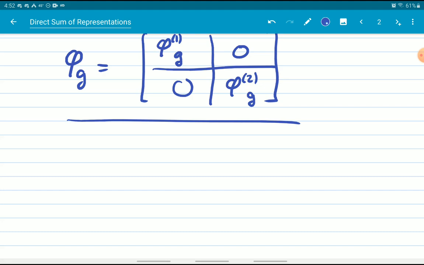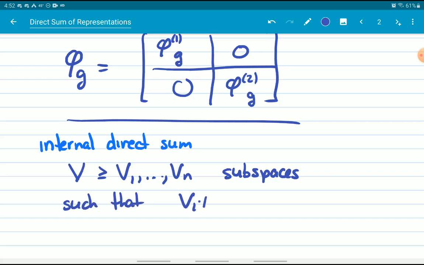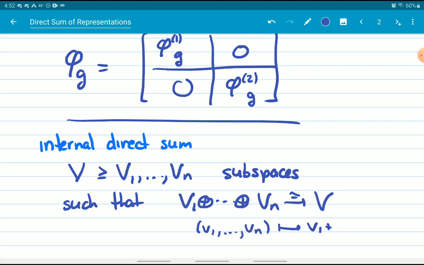There's also a notion of an internal direct sum of a vector space V, which has some subspaces, let's call them V1 up to Vn. And it's an internal direct sum if the obvious function from the external direct sum to the original vector space is an isomorphism. The obvious function is the one that takes the elements in the various subspaces and adds them up.